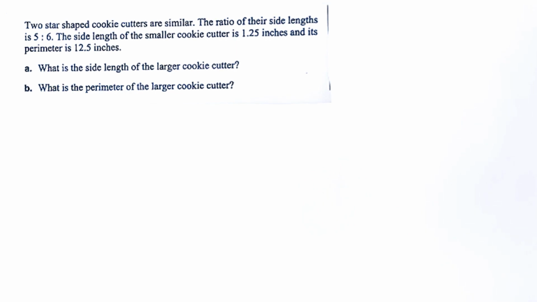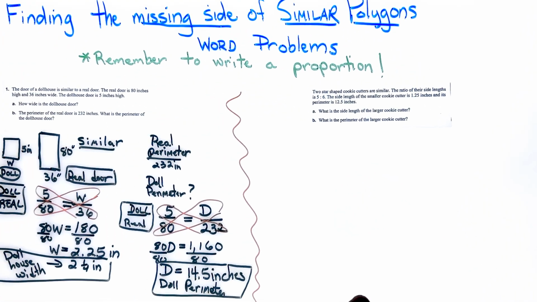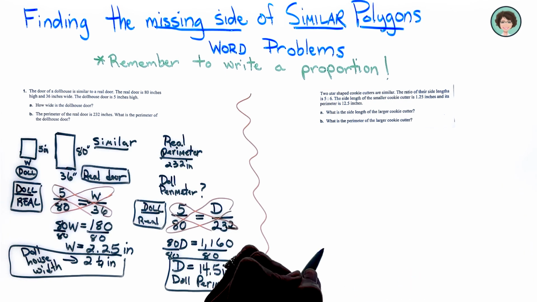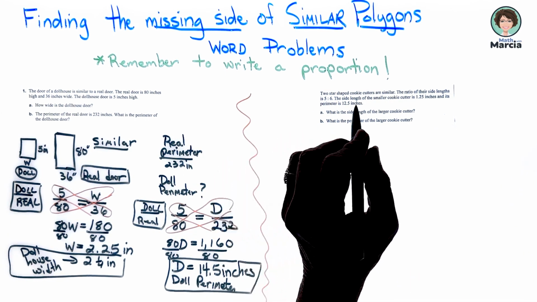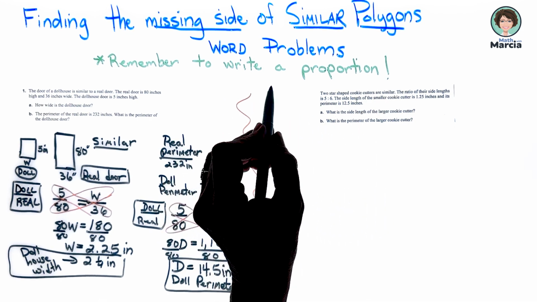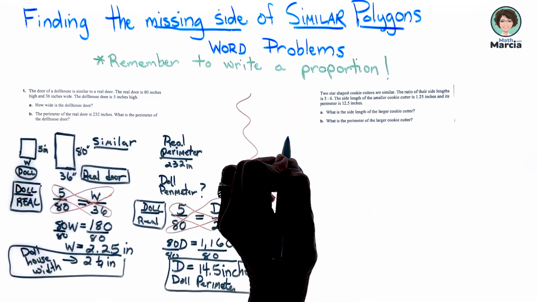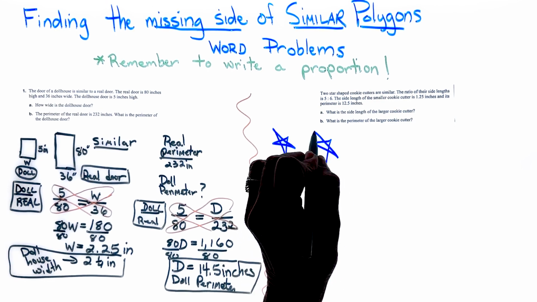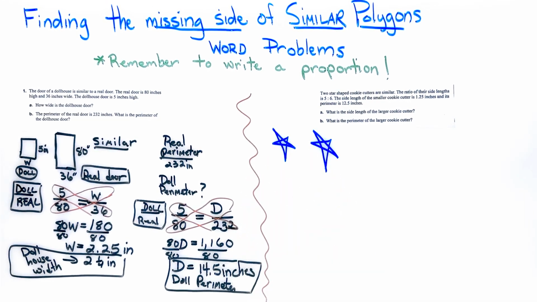So as we're working this problem, remember, I'm going to draw my pictures, and no criticism, because they're similar. It says it in the problem. It says it in the title. So here's my small cookie cutter. And here is my larger cookie cutter. They're similar, right? Yes. Give me a break.